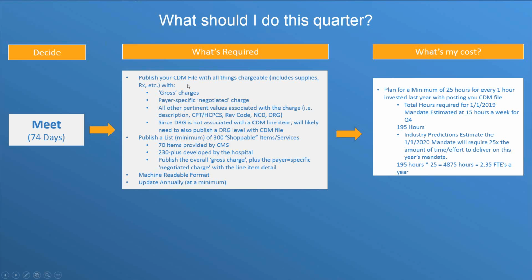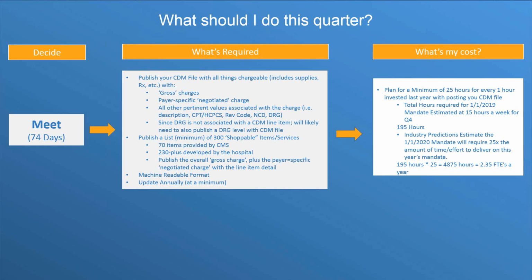CMS has outlined you publishing your CDM file with all things chargeable, and that file including the gross charge as well as the payer-specific negotiated charge. And they've outlined publishing a list of 300 shoppable items that are going to be required.